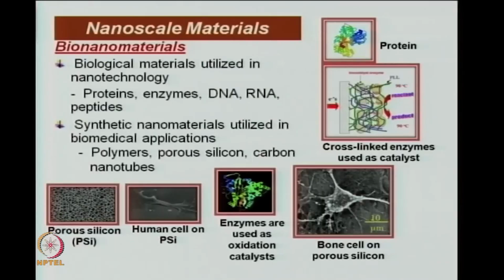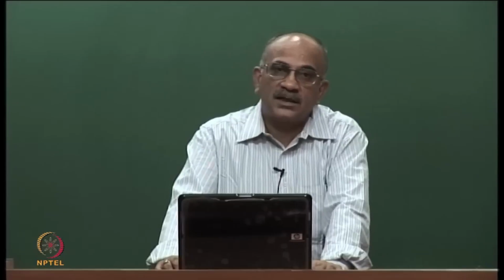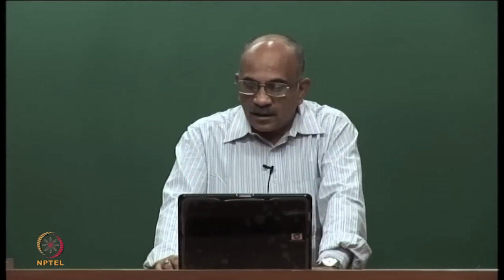There is an example of enzyme which can be used as a catalyst, which are already known to be working as catalyst in the life processes, and they can be used to have some artificial reactions carried out in a similar environment outside the living bodies. You can have bone cell grafted on porous silicon, and studies have been done how these bone cells can be made to grow on artificial surfaces.